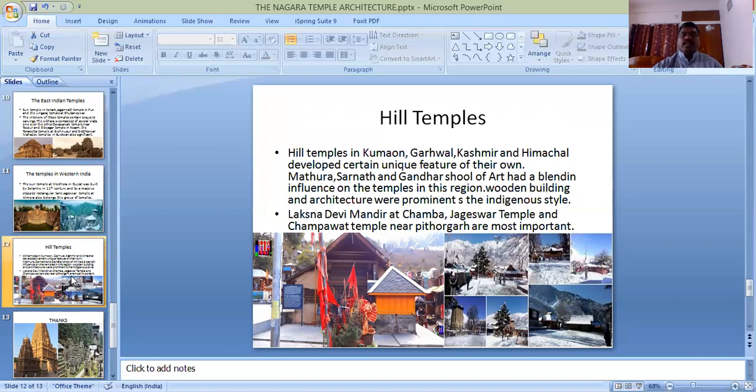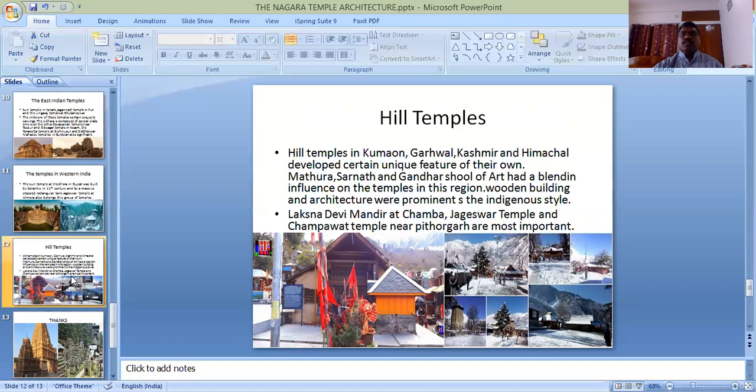Wooden building and architecture were prominent, in the indigenous style. Hill temples were built with wooden structures in indigenous style in the hill areas of Kumaon, Garhwal, Kashmir, and Himachal Pradesh.